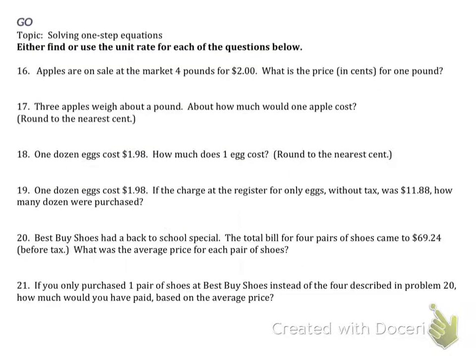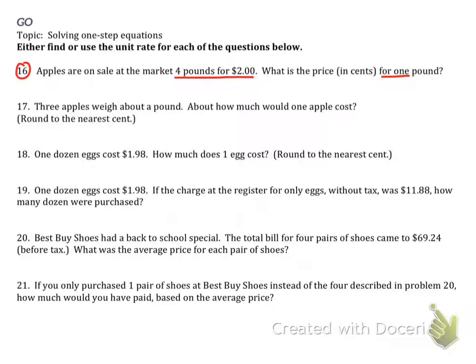Next is to find or use the unit rate for each of the following questions below. It's a one-step equation, so you can do it without writing the equation, but I would like you to use the equation. Apples are on sale, question number 16, at the market, £4 for $2. That's crucial information here. What is the price for £1? So for £4, that's $2.